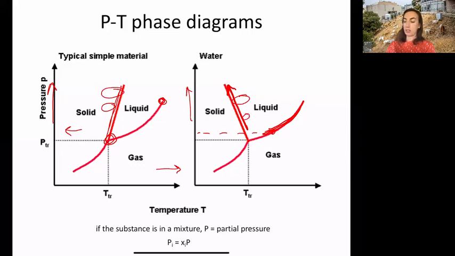So if you're in a mixture, you can think of just changing the y-axis from P to P sub i for the component that you're dealing with here. And I think that will come up on your homework this week.